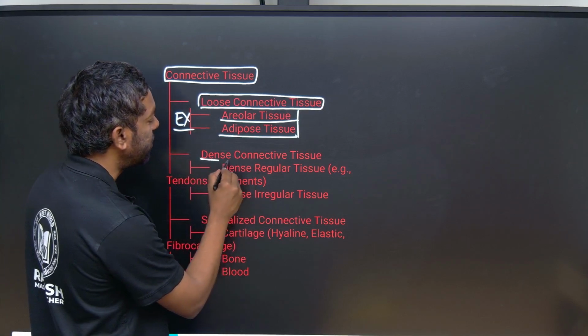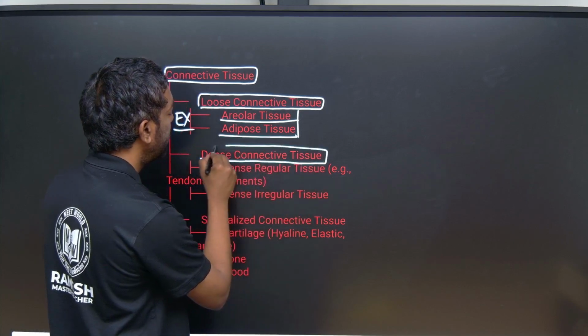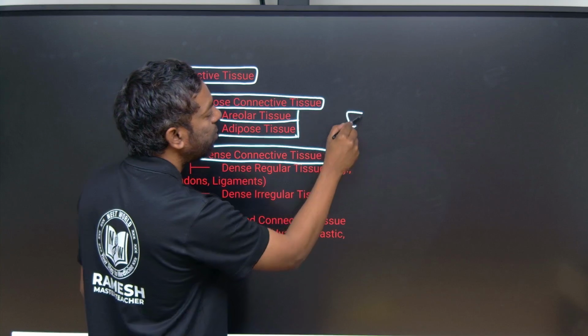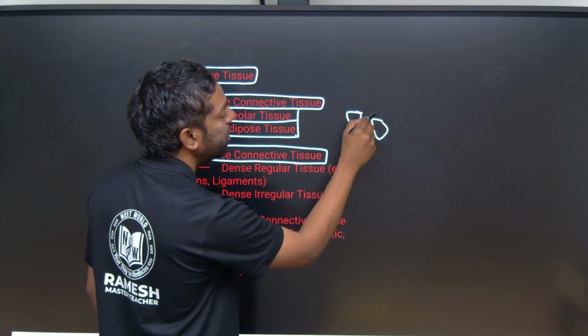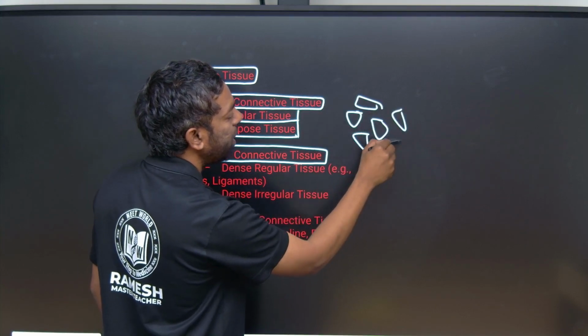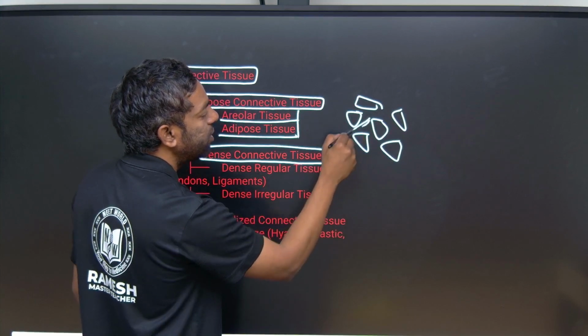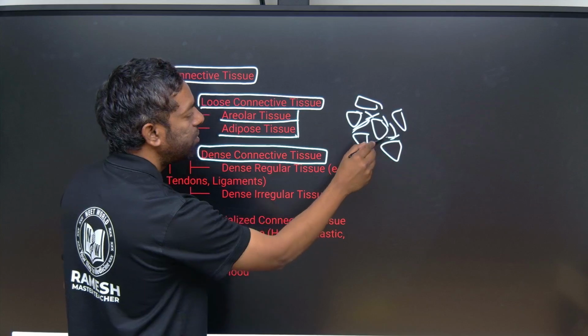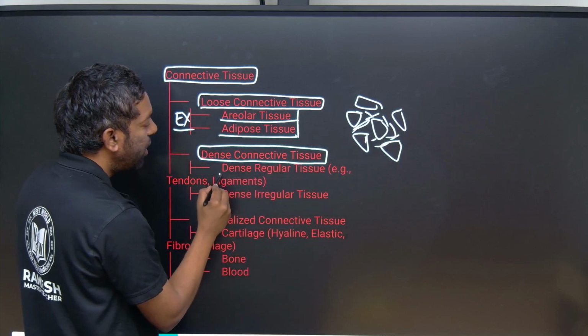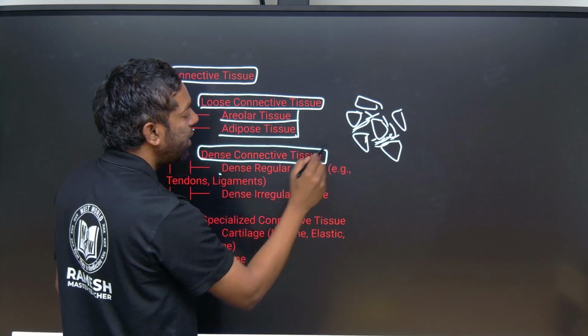Dense connective tissue. Dense means the cells are closely together, there is little space between the cells, and the matrix is very narrow.